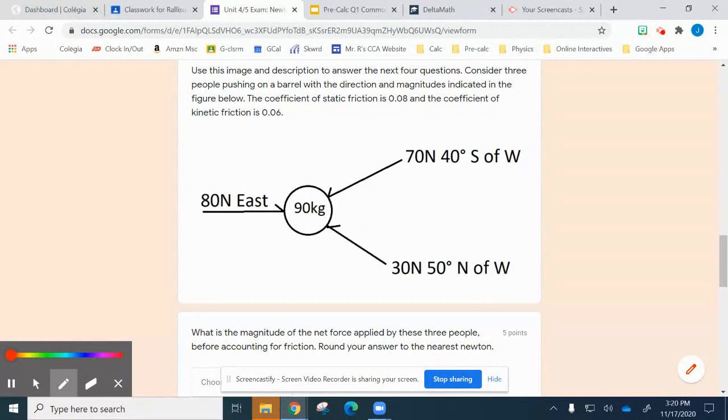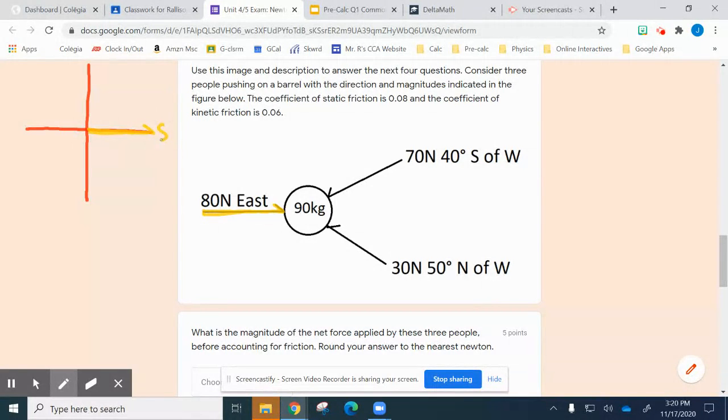So we've got 3 vectors, and we're just going to do north, south, east, and west. So we'll start out like this, and we'll make this vector right there. We'll try and stay roughly that color. So that's 80 newtons directly east, right?